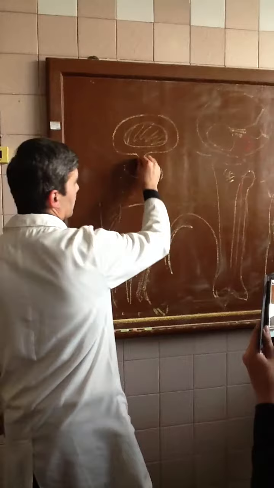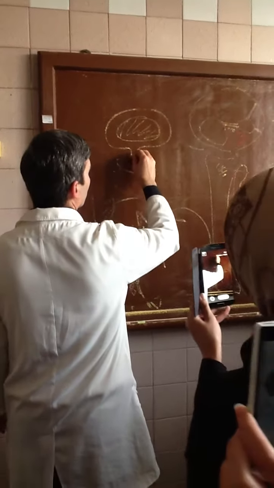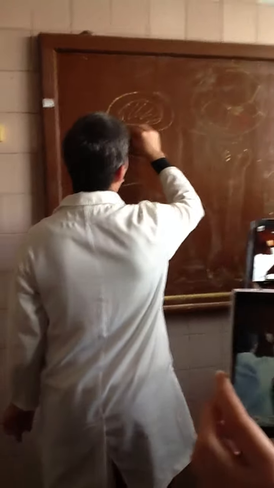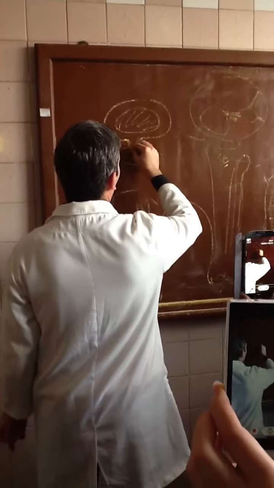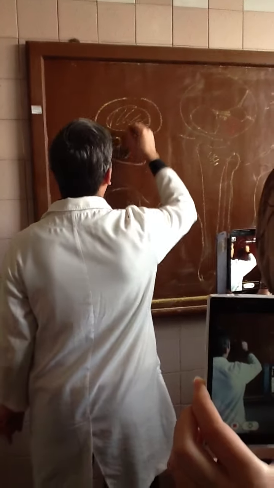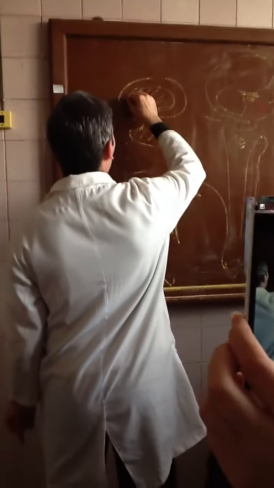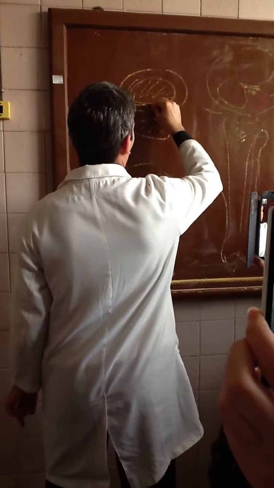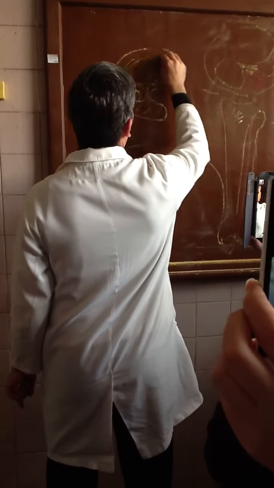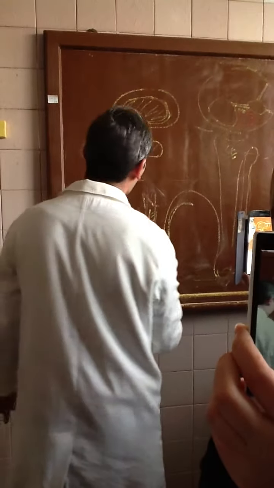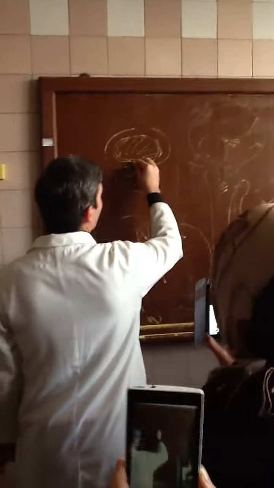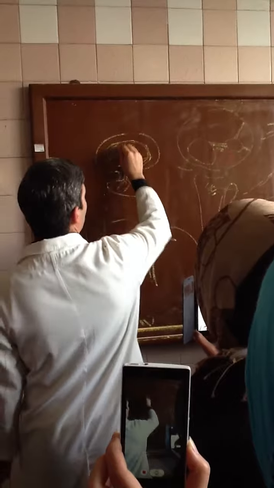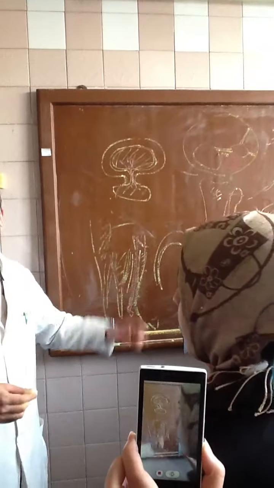Tendinous sheath that is attached to bone. And for this area, vessels and nerves enter the tendon, supplying the tendon.